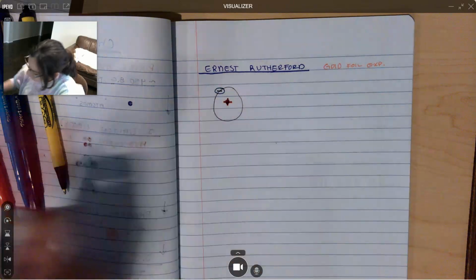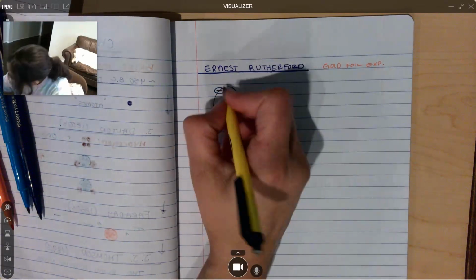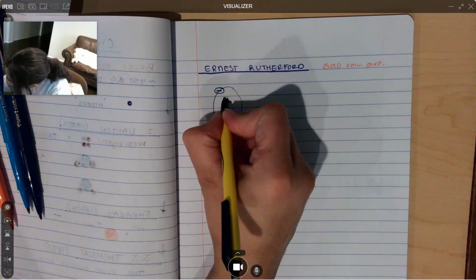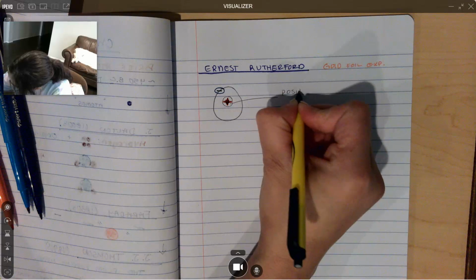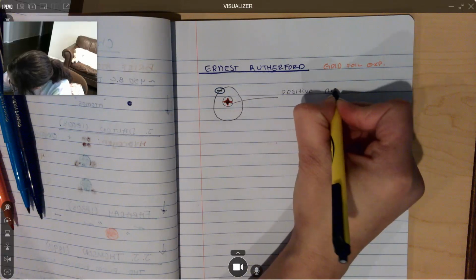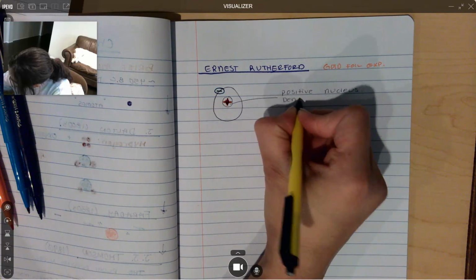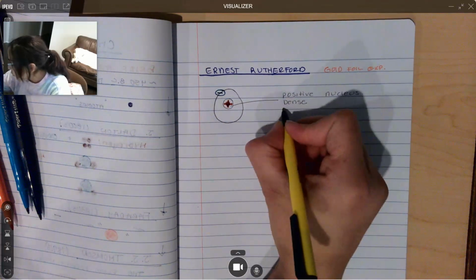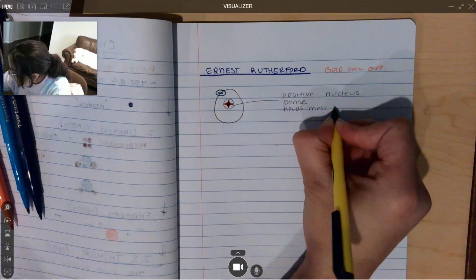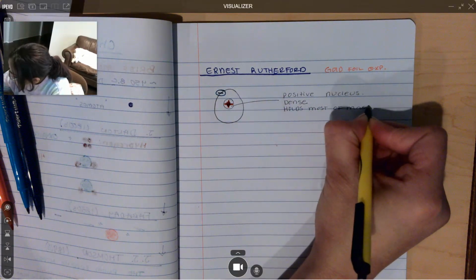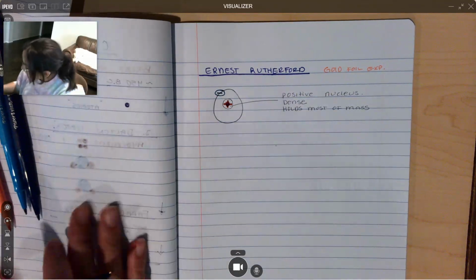And then the rest of this is empty space. So we have a positive nucleus that is dense and holds most of the mass. So now not the entire atom is positive, just the nucleus.